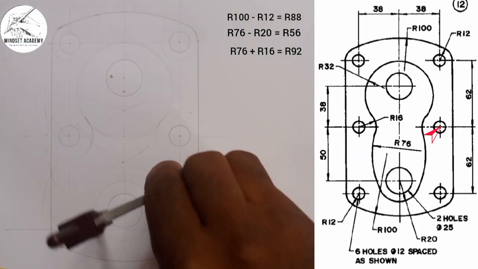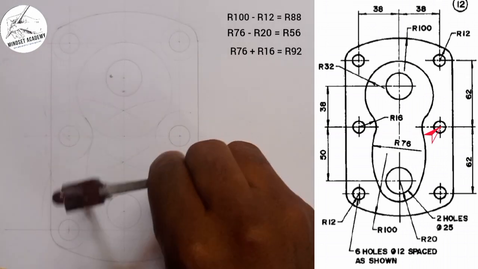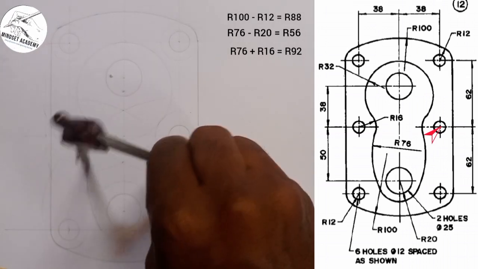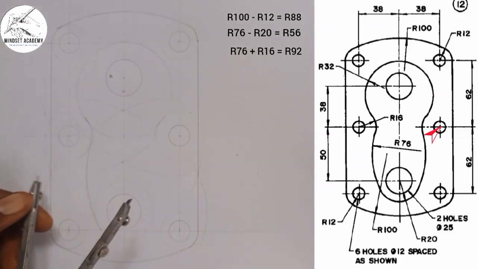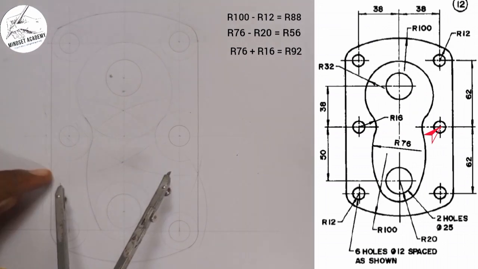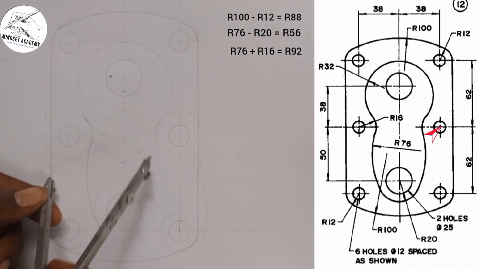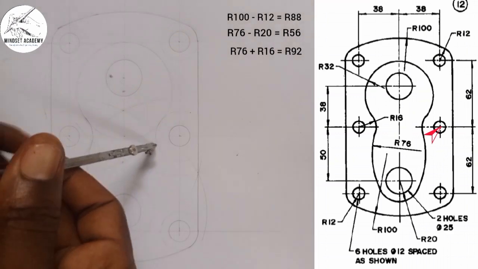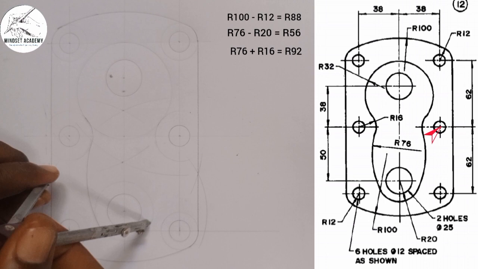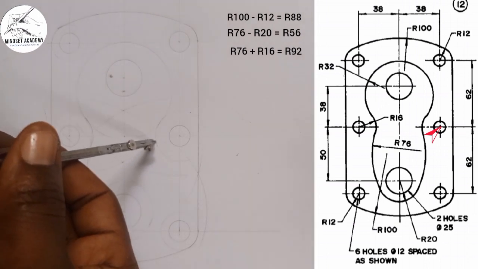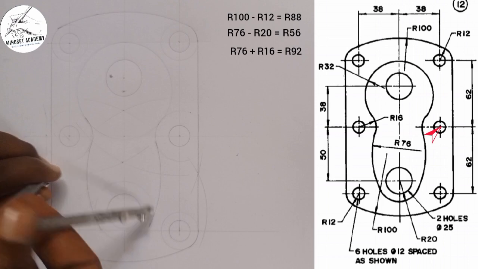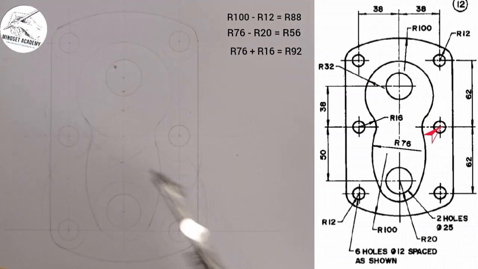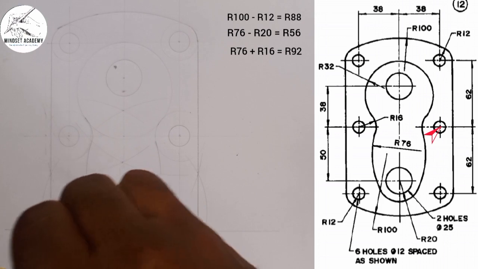So if you do that, you can see that. And I'll turn it here also. It's at the center here where they meet at this point. Can you see that? Then I can easily complete this circle here.